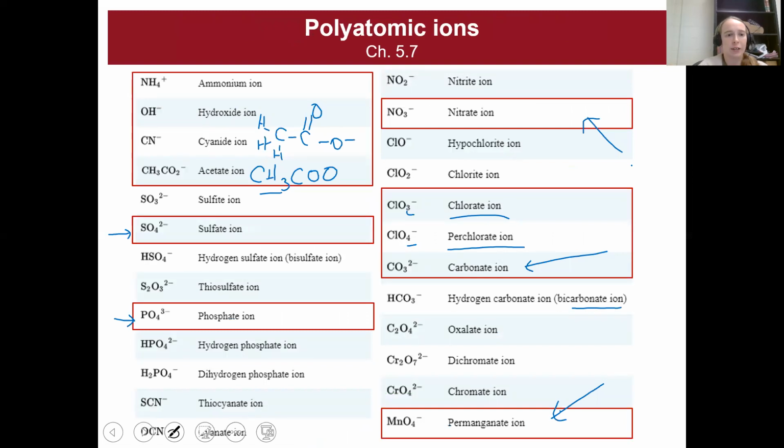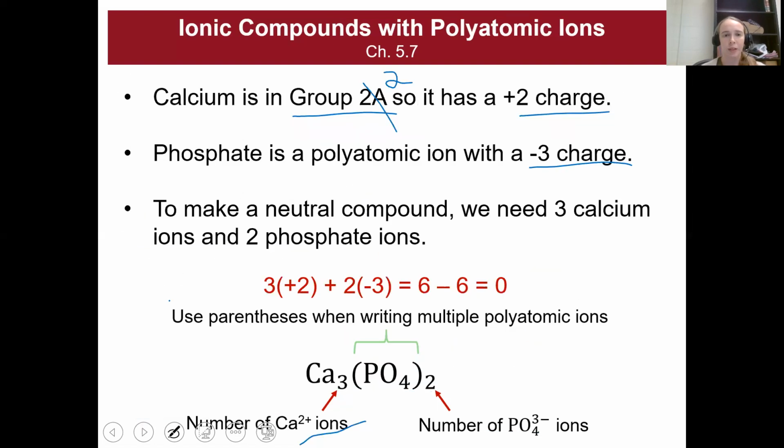Phosphate is right here, has a -3 charge. So you're just going to have to memorize what the names of the ions are and what their charges are. They're always the same. They don't change. These polyatomic ions always have the same charge. That is written here in this table.